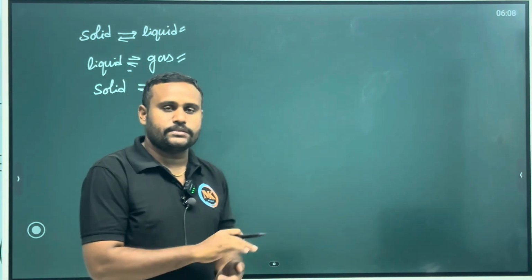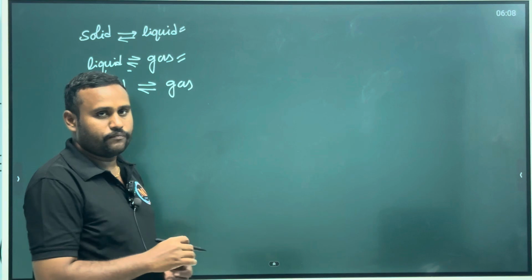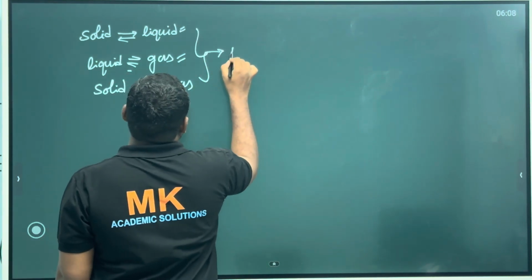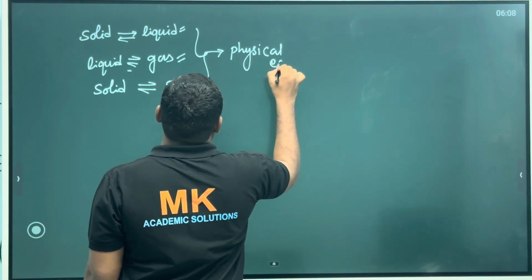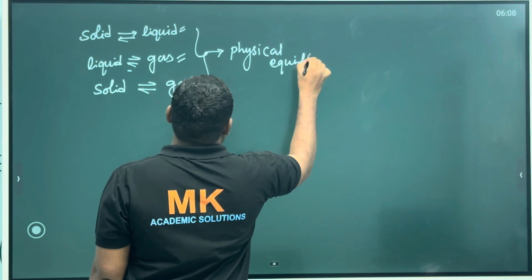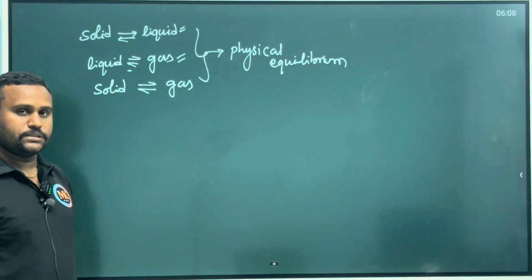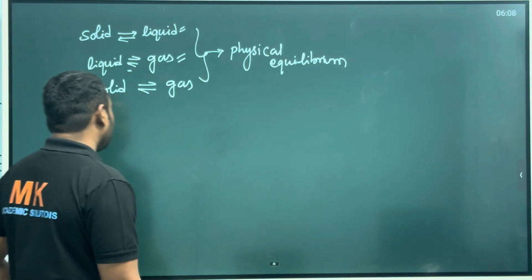In all these processes also we observe the existence of equilibrium. These are all what? Physical equilibrium. And if equilibrium exists in chemical reactions, that is called what? Chemical equilibrium.